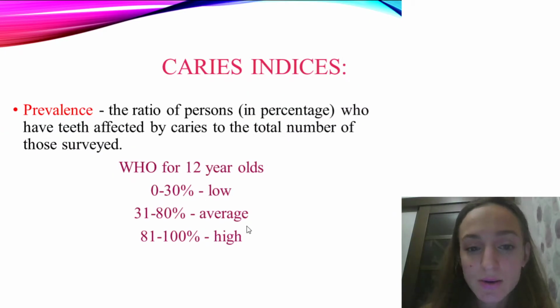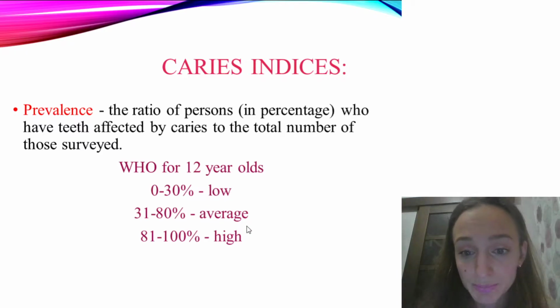Prevalence is the ratio of persons who have teeth affected by caries to the total number of those surveyed. For 12 years old, from 0 to 30% is low, from 31 to 80% is average, and 81 to 100% is a high level.